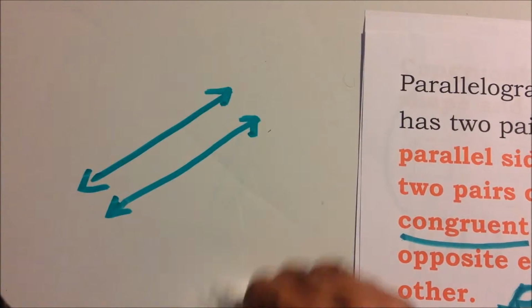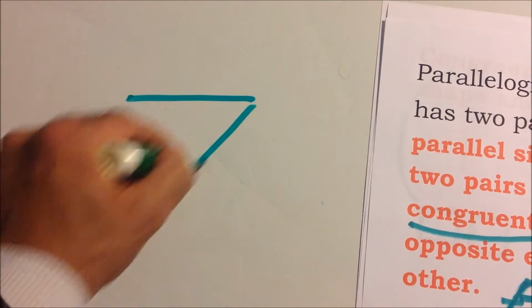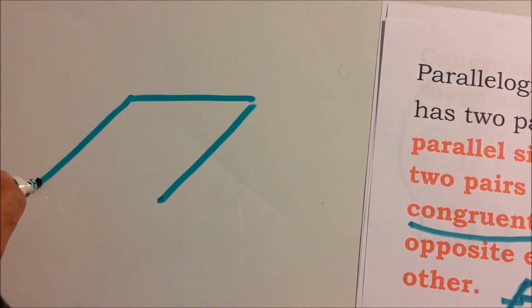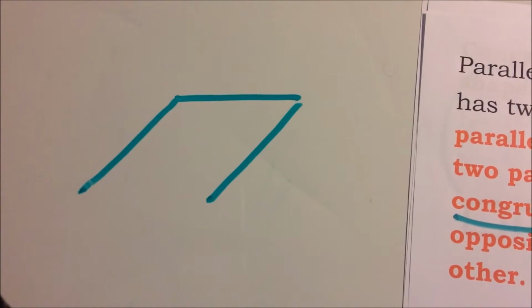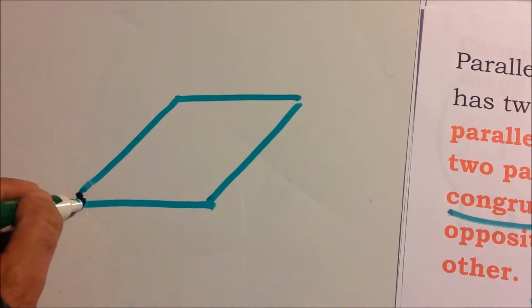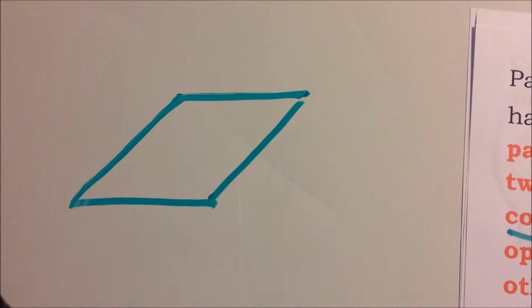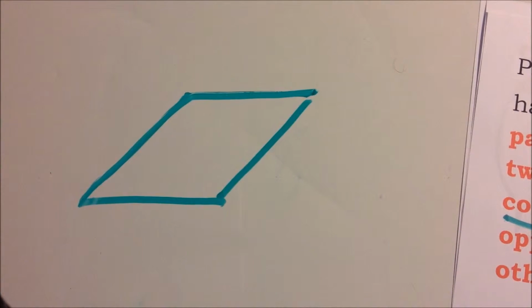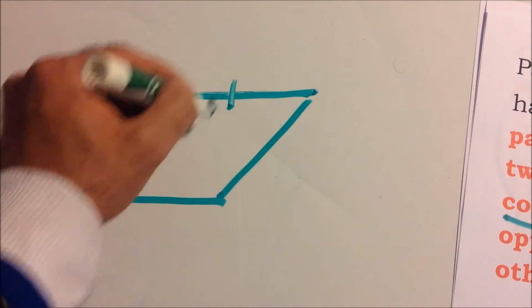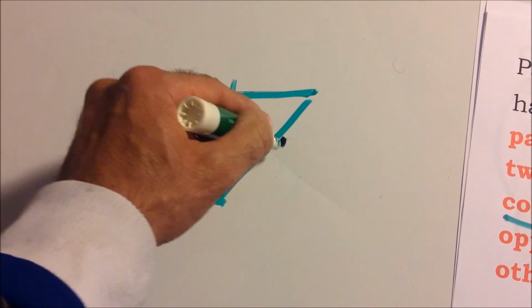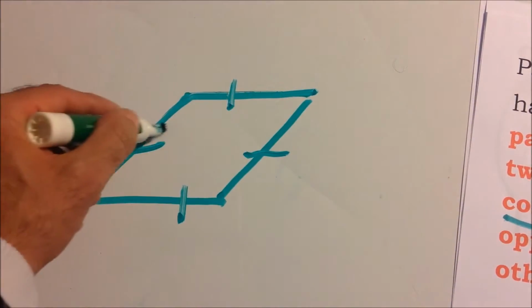So in a parallelogram, again, it looks like a slanted square or rectangle. Fix that a little. There we go. Do you remember the definition? They have to have two parallel sides, two pairs. Here's one pair, and here's the other pair. So that's a parallelogram.